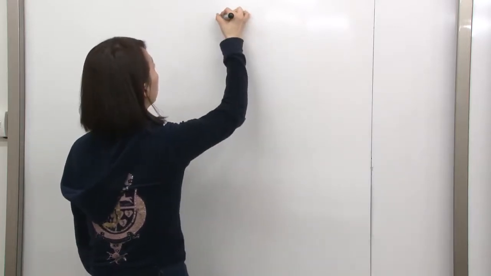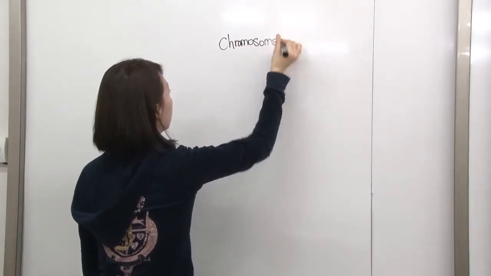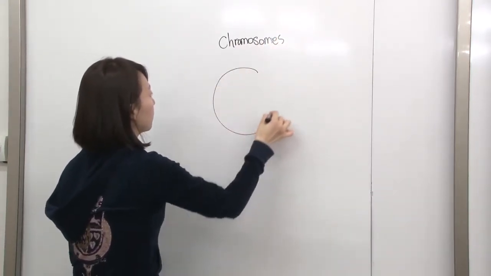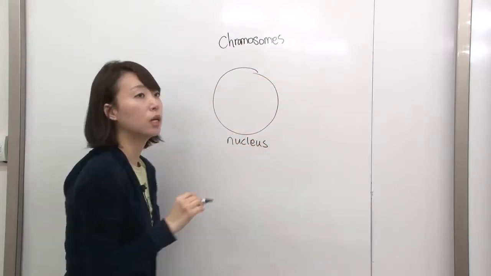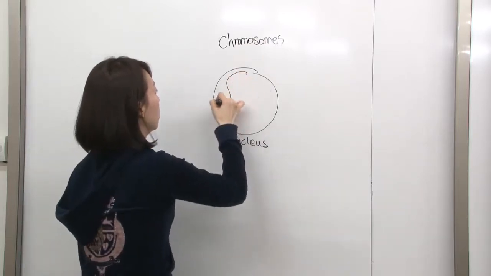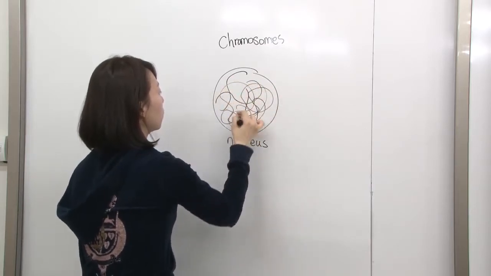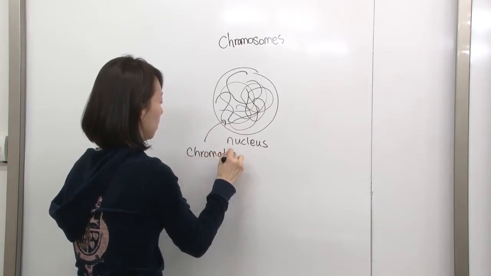When you're talking about chromosomes, remember when we were talking about the nucleus? This is the nucleus in a cell. Remember we talked about the chromatin network? DNA is present in the form of a chromatin network in a non-dividing cell.